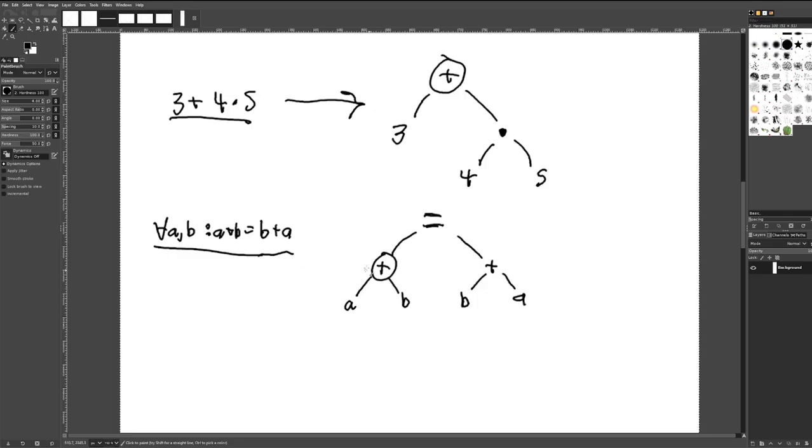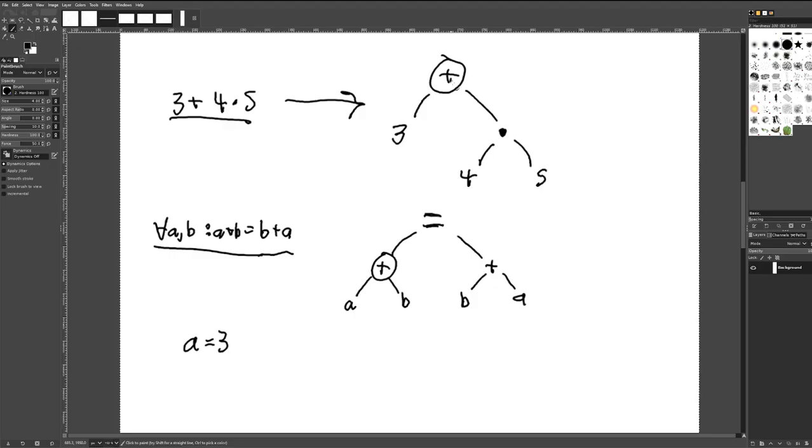That means these match. Then the next thing the computer will do is go down the left-hand side of these operators, and it'll say, okay, we have a variable a in the rule, and in the expression we have the number 3. So it'll say, okay, let's set a equals 3.